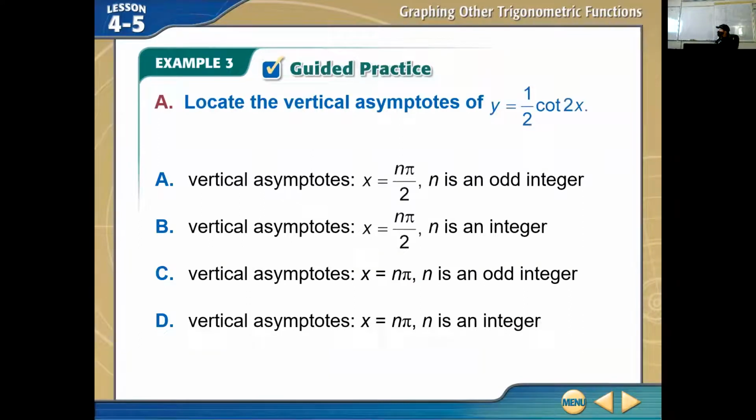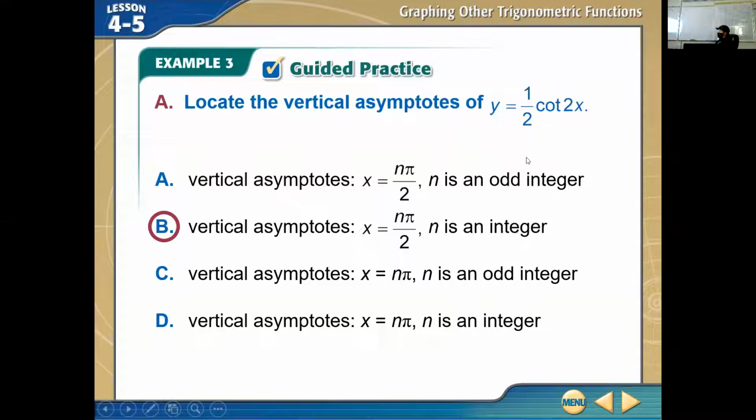Okay, so locating the vertical asymptotes of y equals 1/2 cotangent of 2x. Now we have a value of a that doesn't affect us at all. So we would set 2x plus 0 equal to 0 and pi, and we would get that x is equal to n pi halves, where n is an integer.